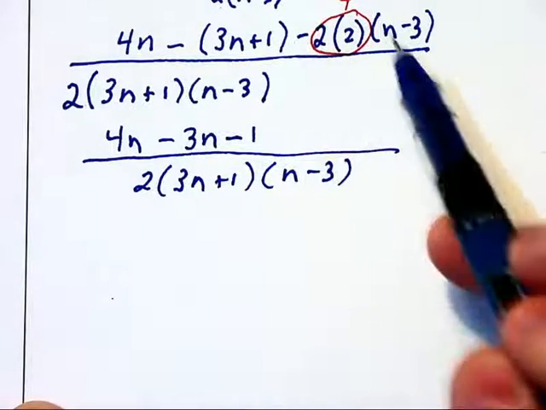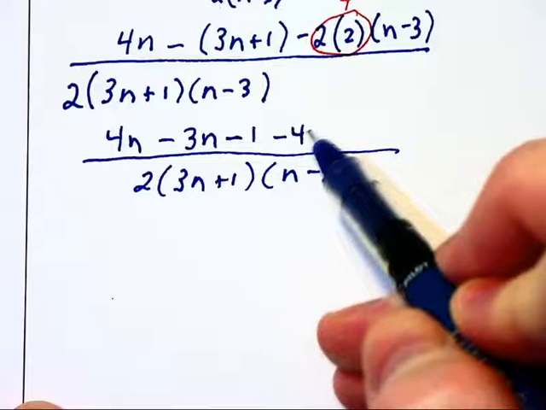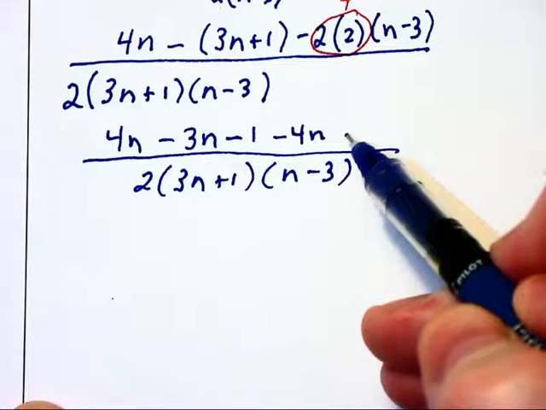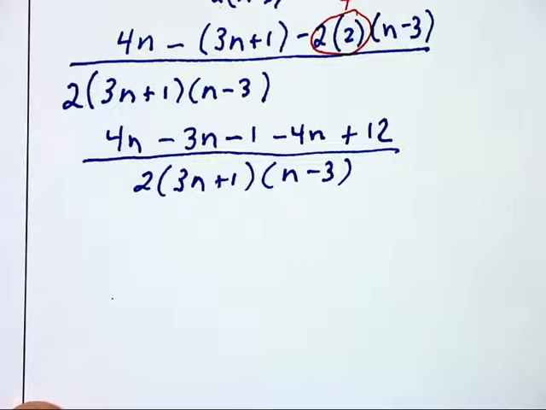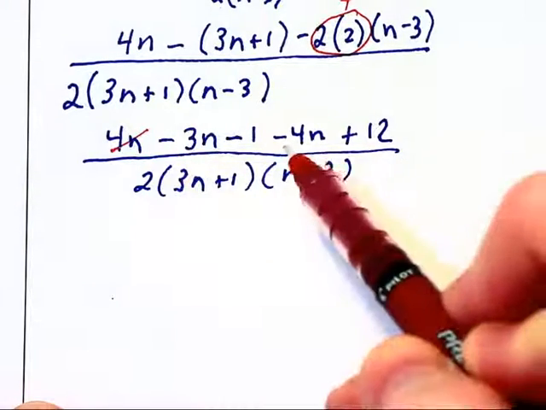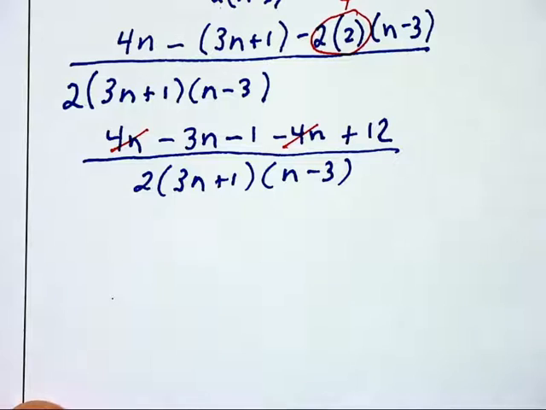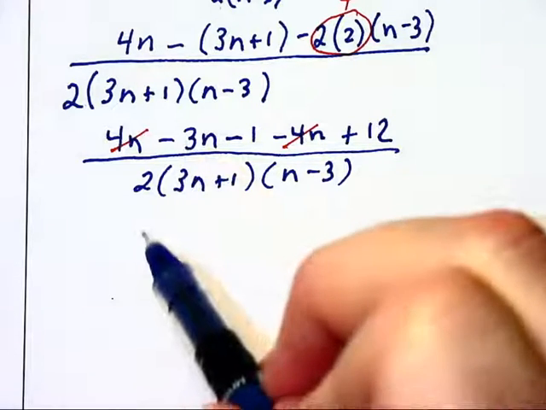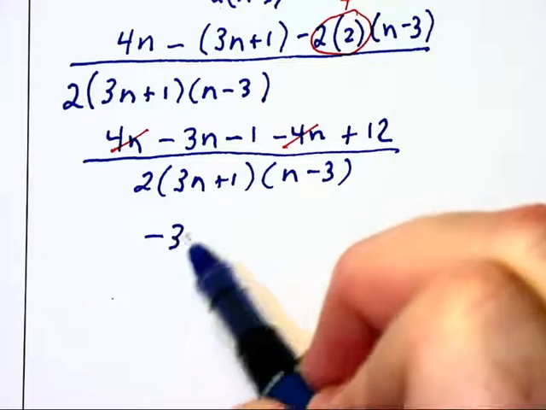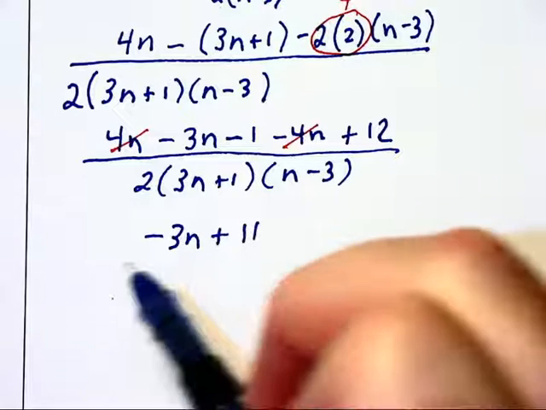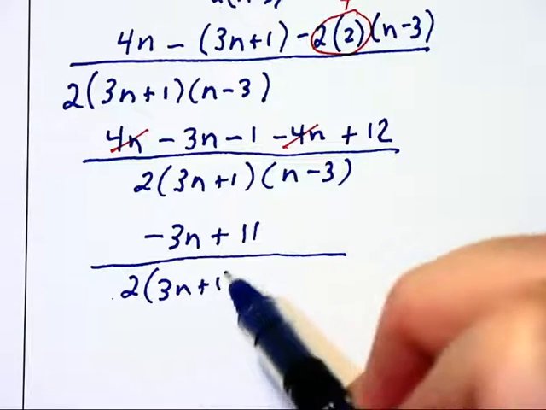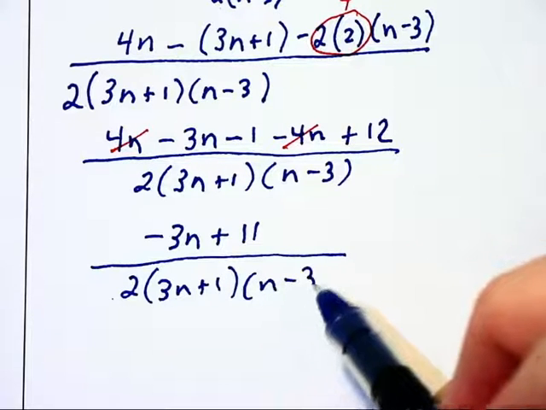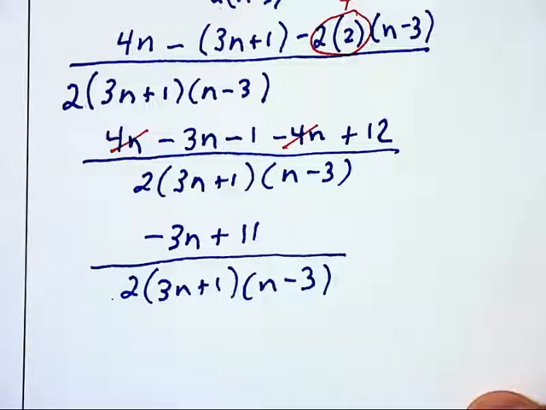So negative 4 times n is minus 4n, and negative 4 times negative 3 is plus 12. And I see right off the bat that I have a 4n minus 4n that can subtract easily. And so I will have negative 3n plus 11 all over 2 times 3n plus 1 times n minus 3 as the final simplified version here.